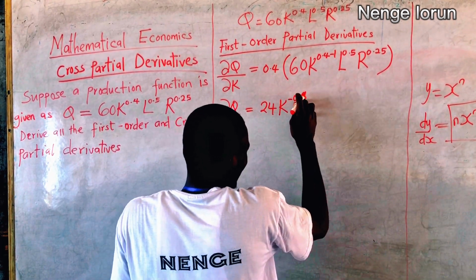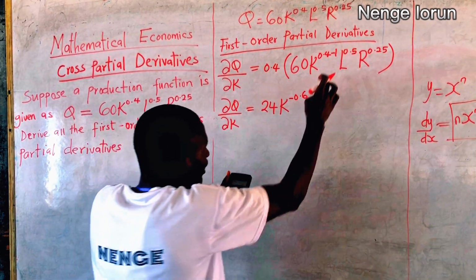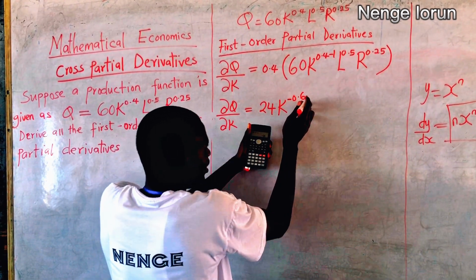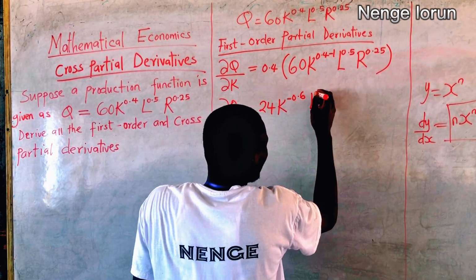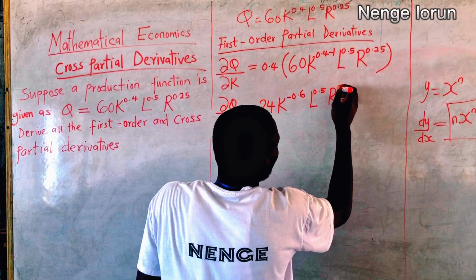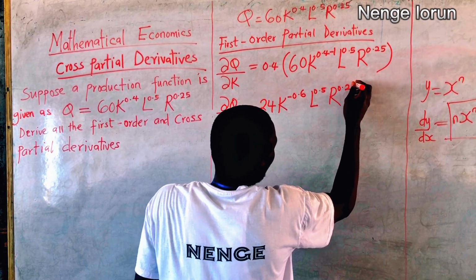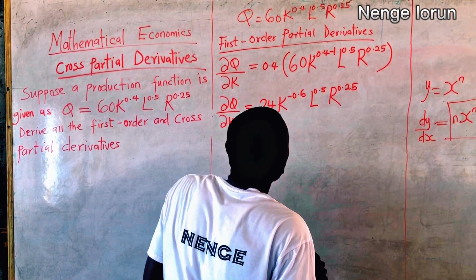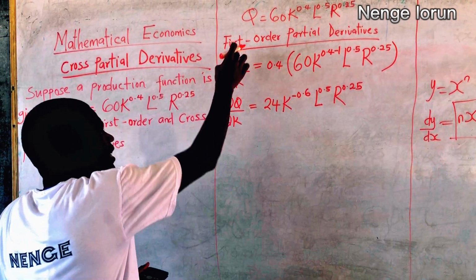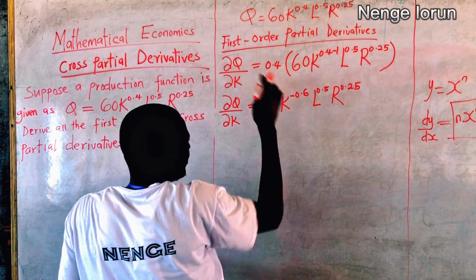Then, if you are still not clear, you pick your calculator, 0.4 minus 1, here you have minus 0.6. Then L with its power will be held constant, R with its power constant. So now, the first order partial derivative of Q with respect to K is this.